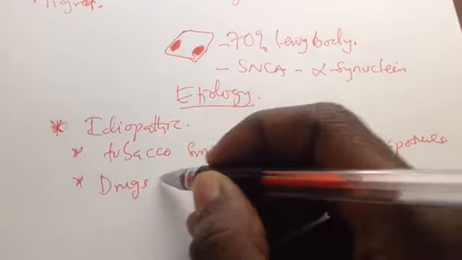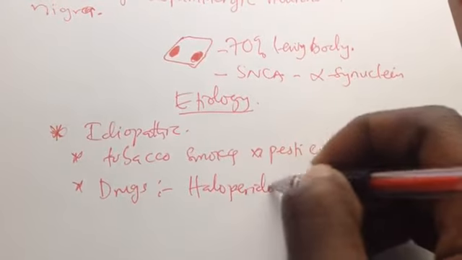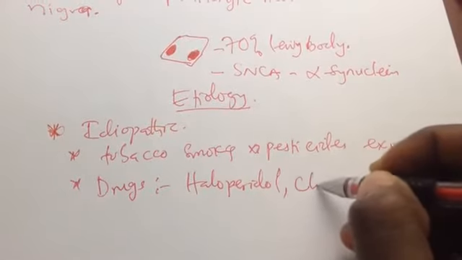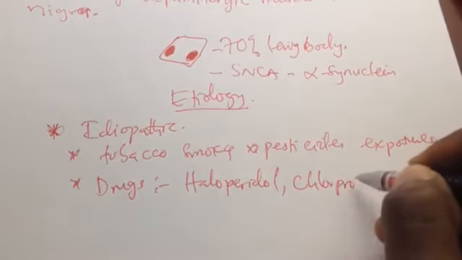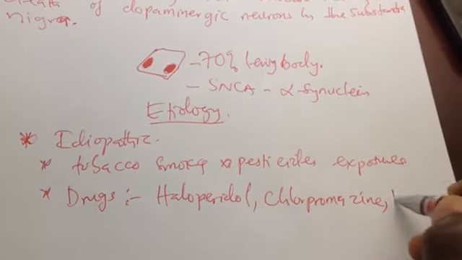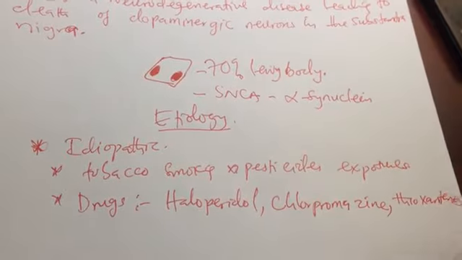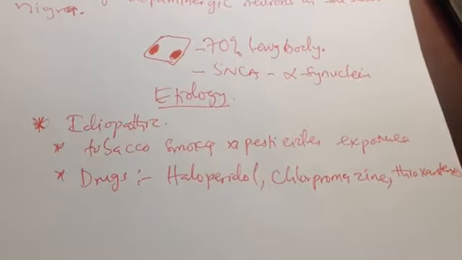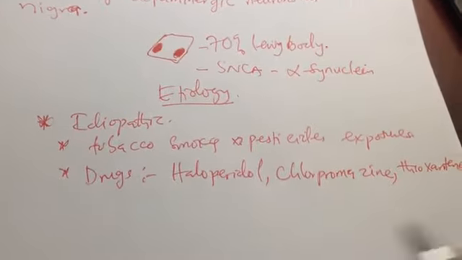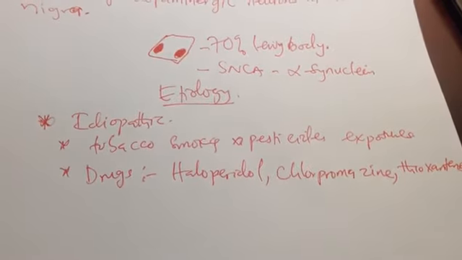Examples are haloperidol, chlorpromazine, thiothixene, and so on. These are examples of drugs that cause Parkinsonism, Parkinson's-like symptoms.